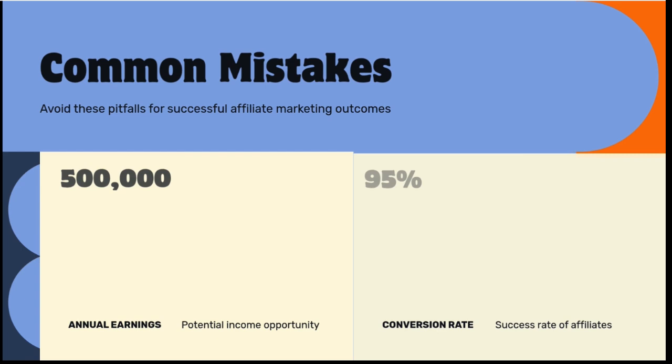But if you're looking at the success rate, you might expect that everyone should purchase the goods, but this is not how it works. You have to see, if 1,000 people are visiting my site, how many are converted into affiliates, and how many are not.